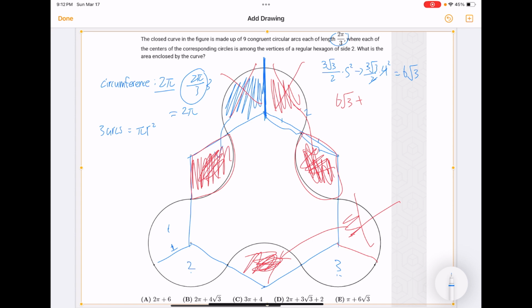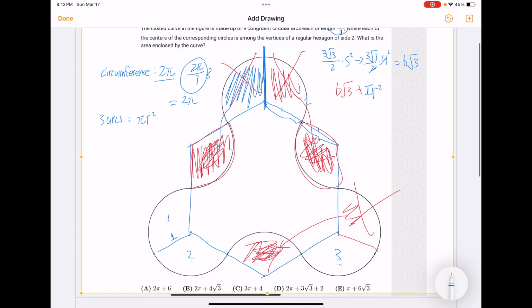So we can just add pi r squared. If we look at the answer choices, we don't have 6 radical 3 plus pi r squared, and that's because r we already know is the radius, which is 1, so it would just be pi plus 6 times radical 3. Therefore the answer is E.